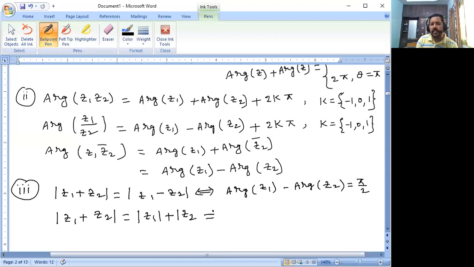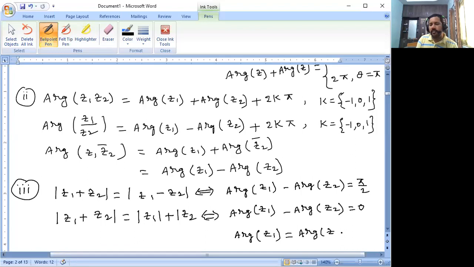In this case, argument of z1 minus argument of z2 is equal to 0, or we can write another form: argument of z1 is equal to argument of z2. These are standard results. Directly they will give them in the examination, either MCET or mains. Remember these two.